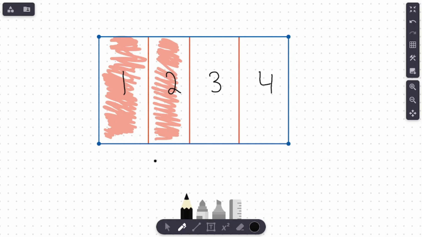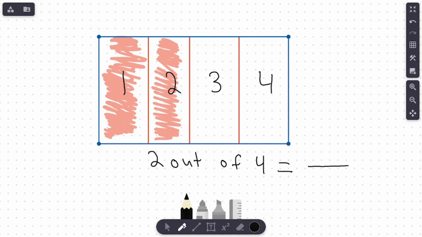So let me write that. I colored in 2 out of 4. That's how many I colored in. Would you agree with that? Did I color in 2 out of the 4 total? Yeah, I did. Now, let me show you how that's written as a fraction.